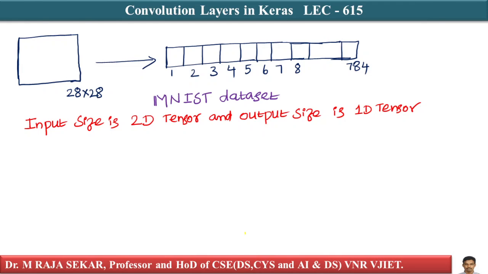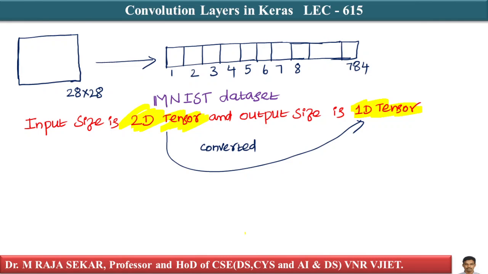This is what we did in the MNIST data set: we converted a 2D vector into a 1D vector. So these three are the most popular, most used operations.